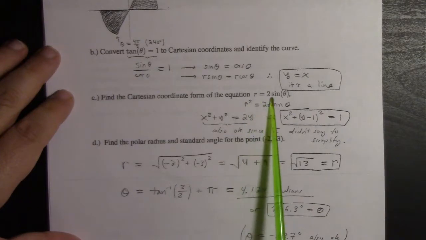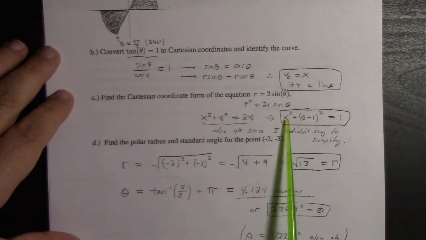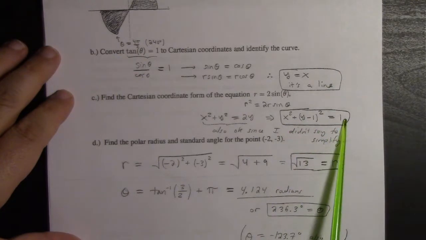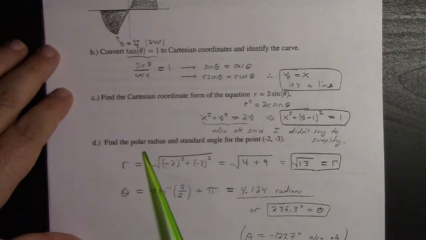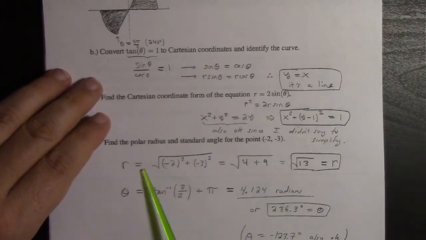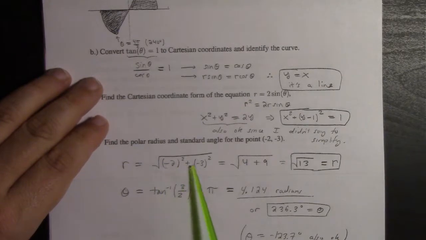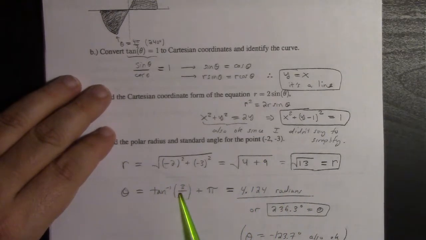Next I've got r equals 2 sine theta. I multiply by r, I complete the square, and I get x squared plus (y minus 1) squared equals 1, alright? Next I say find the polar radius and standard angle for the point (-2, 3). So r is simple enough, square root of x squared plus y squared gives me square root of 13. And this time I take inverse tangent of y over x, which is 3 over -2.